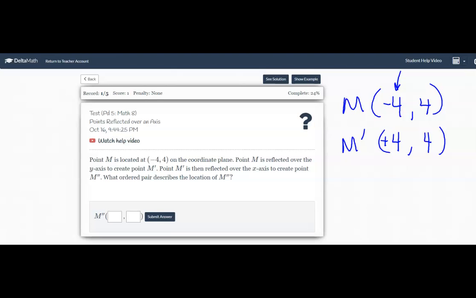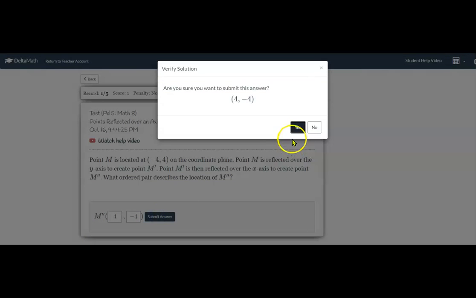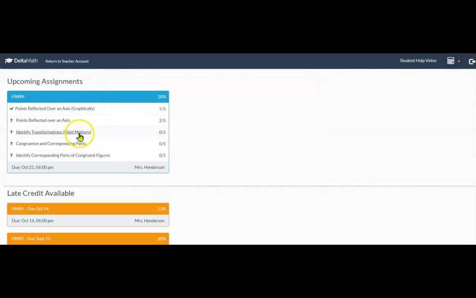Then M prime is reflected over the x-axis to create M double prime. When you reflect over the x, you change the y. So now, my point is 4, negative 4. So it's always opposite. Whatever axis I say to reflect over, you change the opposite.